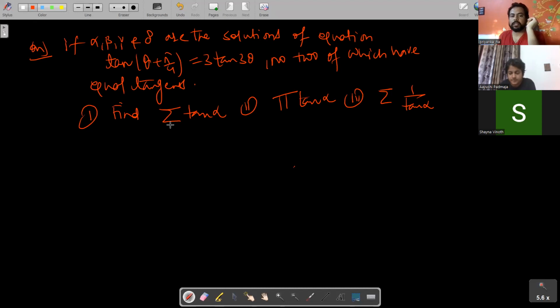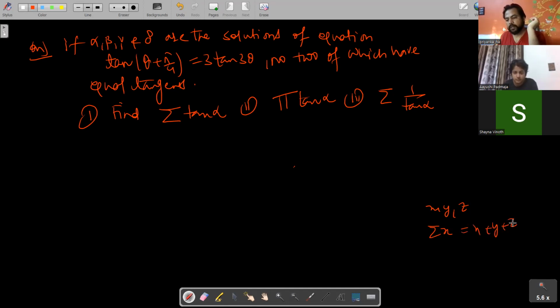Do you understand the meaning of this? This is called sigma. Sigma means summation. This other symbol means product. Suppose you have three variables x, y, and z. If I write summation x, it means x plus y plus z. If I write the product symbol x, it means x into y into z.